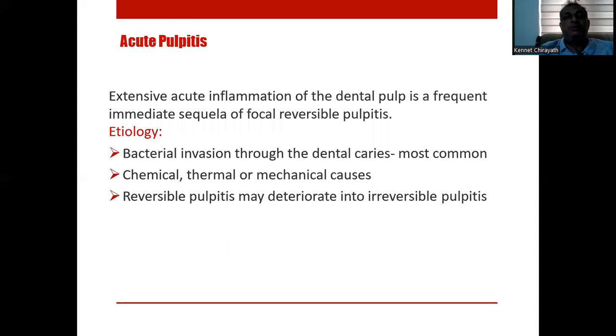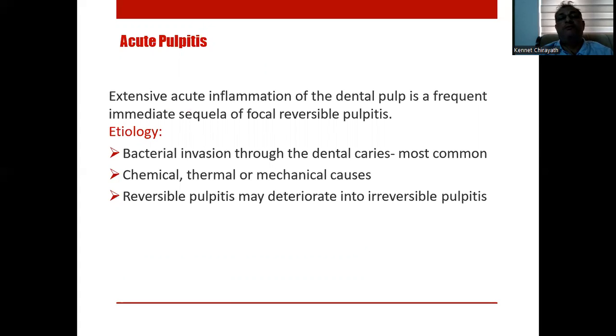Okay, now comes acute pulpitis. Acute pulpitis is an extensive acute inflammation of the dental pulp.